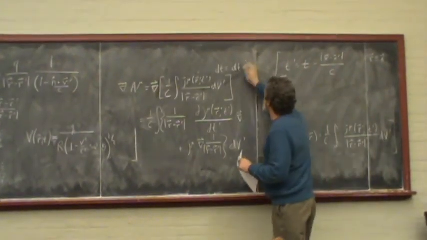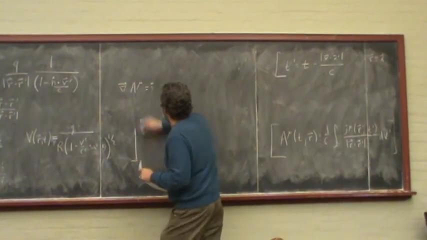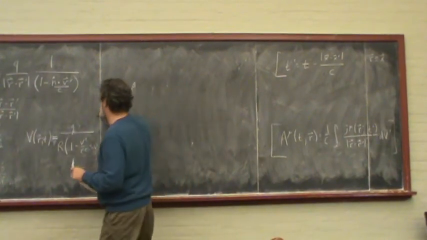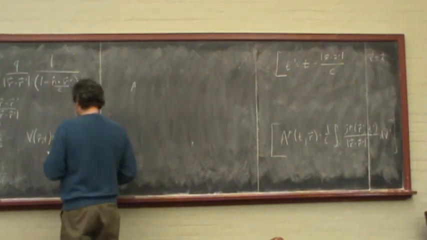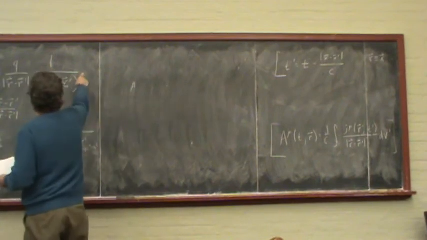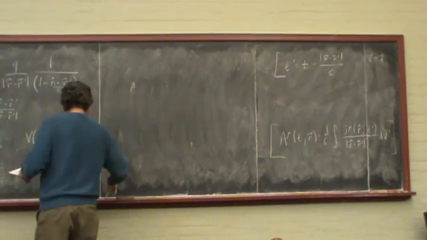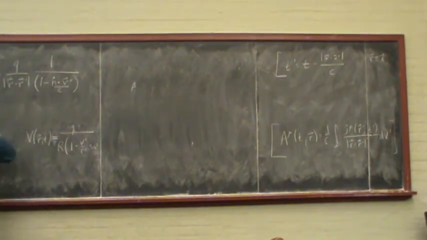We'll keep that. I'll leave it in this form. And this one properly has the c's where it should be. I've defined n here, so I'll just leave it like that.